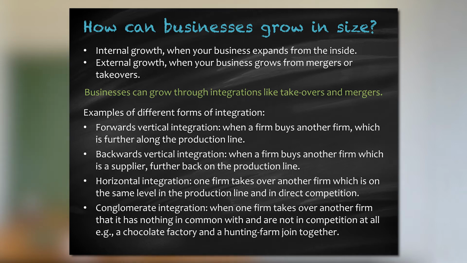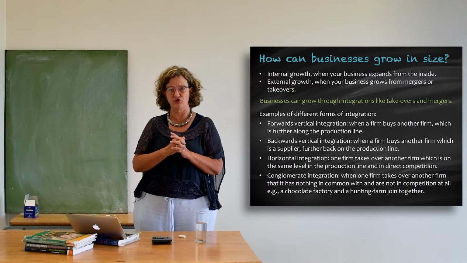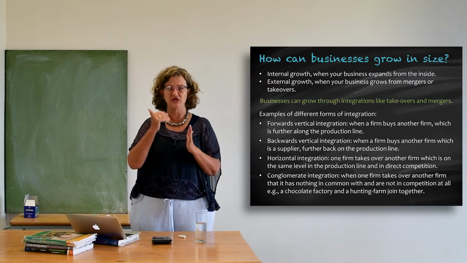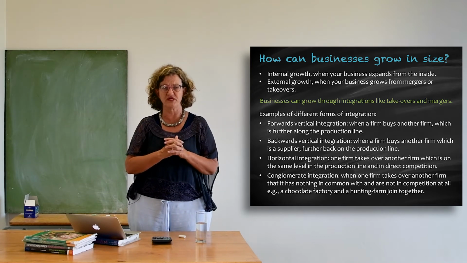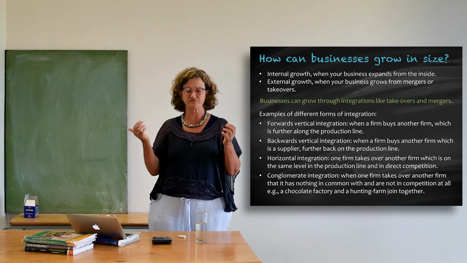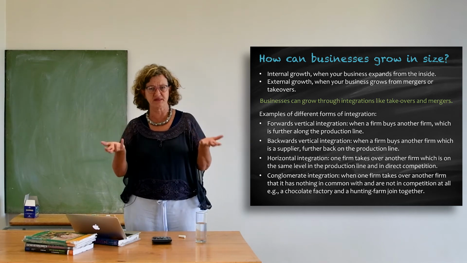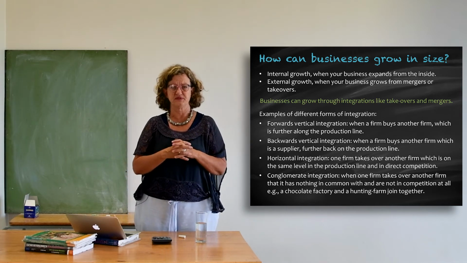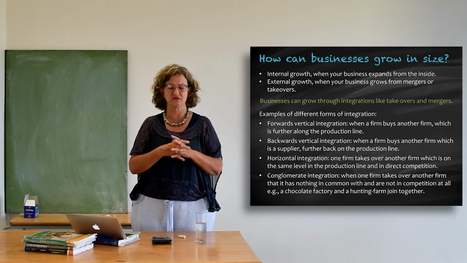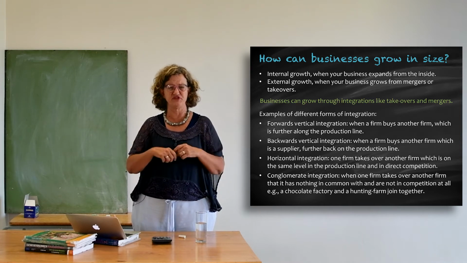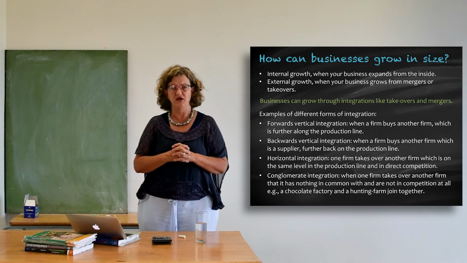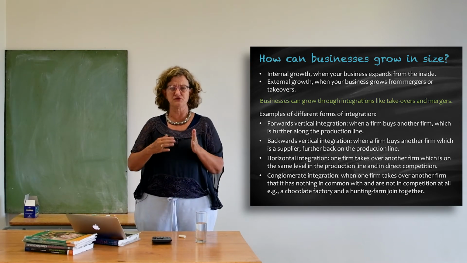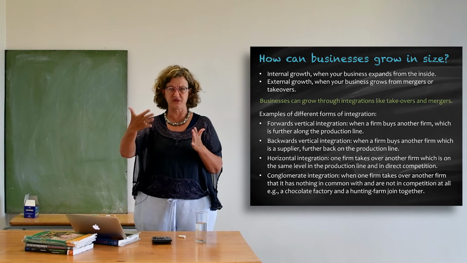Now, what is forward vertical integration? You know that if we talk about a production line, and you, for example, bake cupcakes and you sell them to private individuals and you sell them to businesses. Now you decide, I want my business to become bigger.